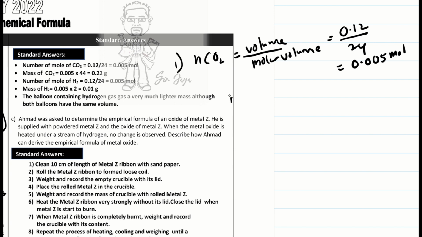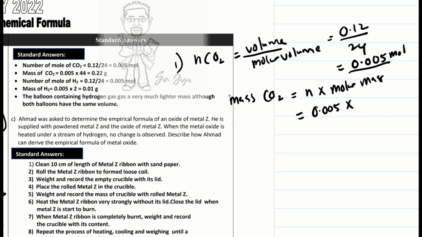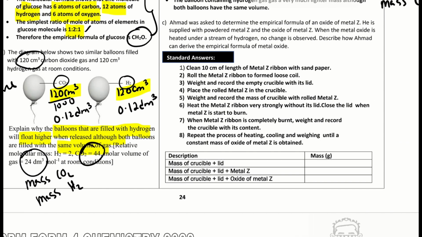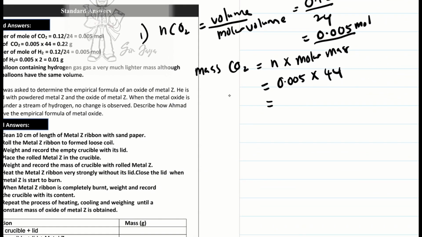Next, we find the mass of carbon dioxide: number of moles times molar mass. The number of moles of carbon dioxide is 0.005 mole times the molar mass of carbon dioxide, which is 44, given in the question. So the mass of carbon dioxide will be 0.22 gram. And we do the same for hydrogen.